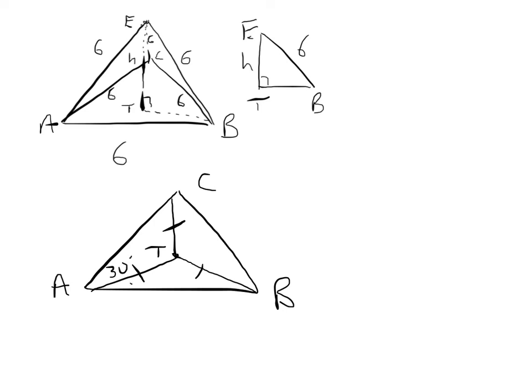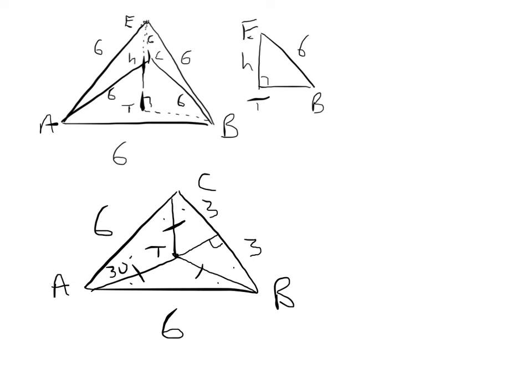These are all going to be 30s and all congruent. And I'm interested in finding this length here, and I know that the base edges are all 6. So if I were to draw an altitude down to here, I would have 3 and 3.